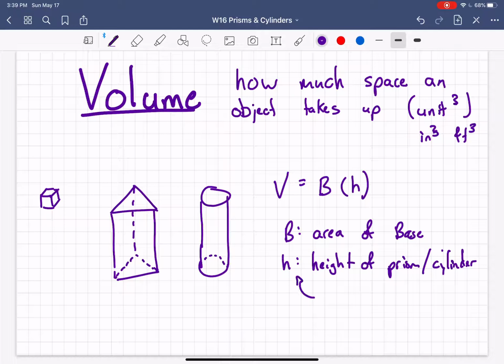And that height is always going to be perpendicular to the base. It should never be on the base, it should be coming out of the base.